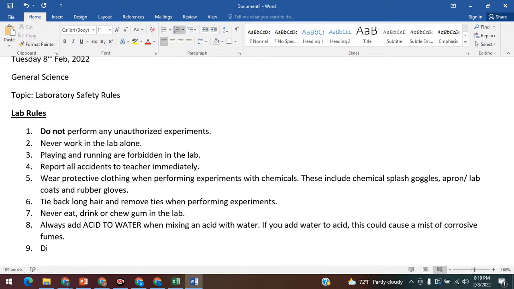Number 9, discard unused chemicals that you have been working with, and you don't want anyone to mistake any solution for Kool-Aid or for Tampico or whatever, and end up drinking it.